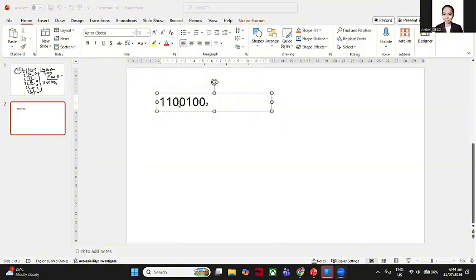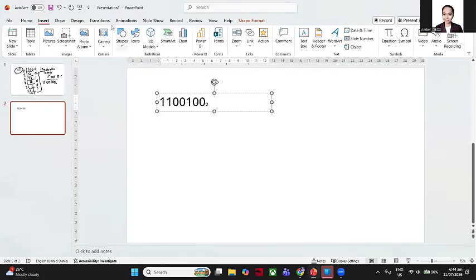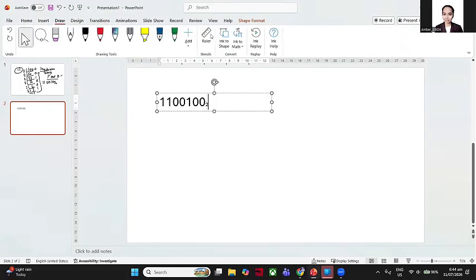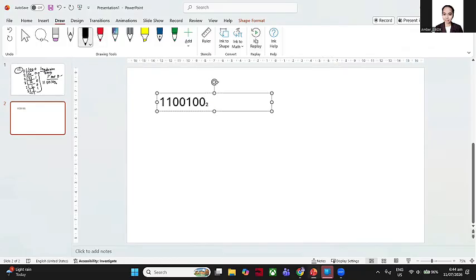Now we go from binary to decimal. We have here a binary number, which is 1100100, the answer from our previous step. So now we will translate it to decimal. Decimal means the numbers that you know, 1, 2, 3, 4, 5, 6, and so on.